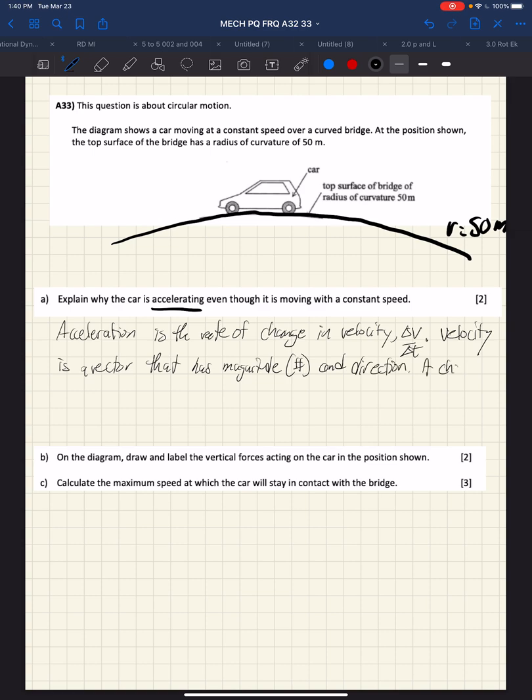A change in either means a change in velocity.